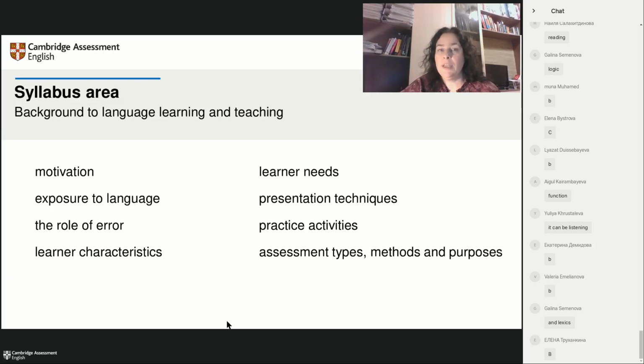Choosing different presentation techniques, practice activities, and of course, there is a huge area of assessment, with the focus of the assessment, the task types, and how we can act upon that. These are all related to the theories of language learning and teaching.